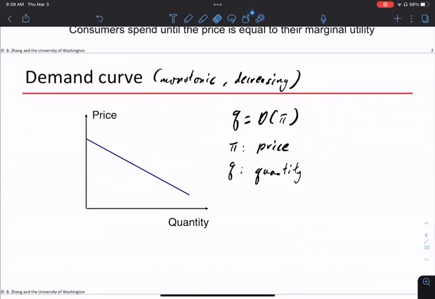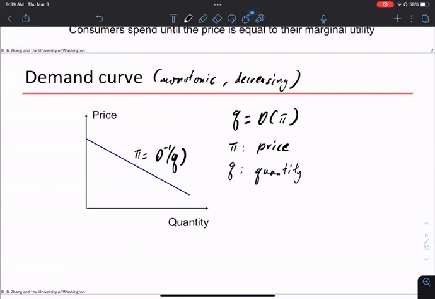This demand curve that's drawn is pi equals the inverse of Q. So you can read the curve either way: given the price, how much stuff you want, or given a quantity, how much you're willing to pay. This characterizes people's willingness to pay, or people's marginal utility.